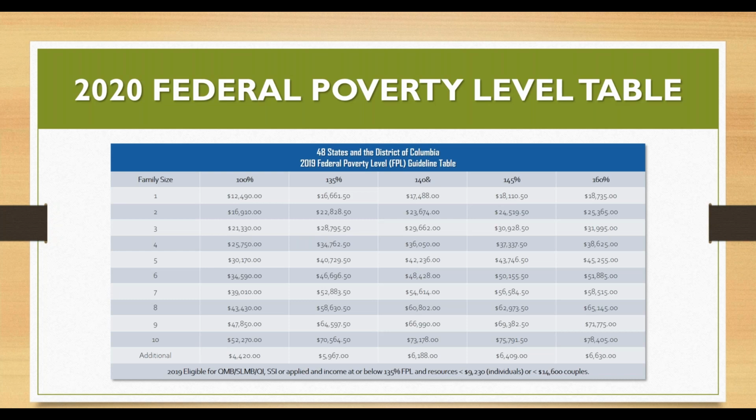Now, Social Security benefits are pretty modest, more modest than most people realize. The average Social Security retirement benefit check, as of June of 2019, was about $1,470 a month. And that turns out to be about $17,640 a year. Now that's greater than the 135% of federal poverty level for one person.